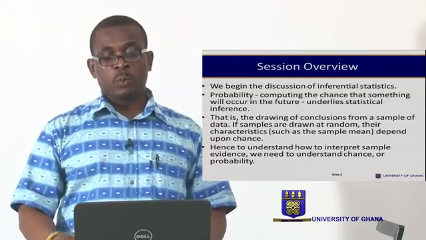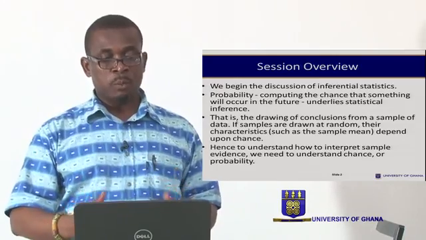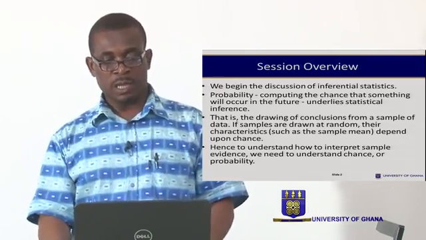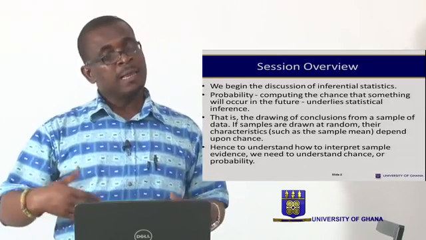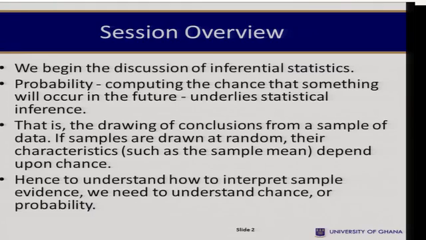Now, probability, which is simply the chance that something will occur in the future, underlies statistical inference. And we saw earlier that statistical inference is the drawing of conclusions from sample data.